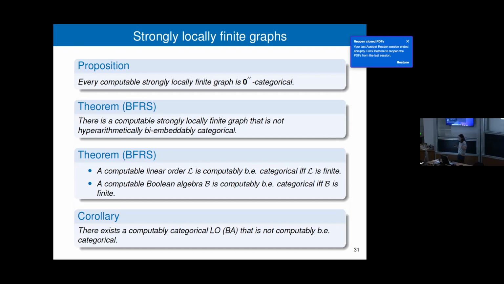Yes, that was quite a while ago, but the idea is that we were coding some kind of path into this strongly locally finite graph, in such a way that it was too complicated to get those embedded. But what's the upper bound? I don't know.